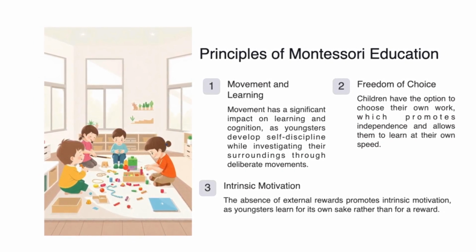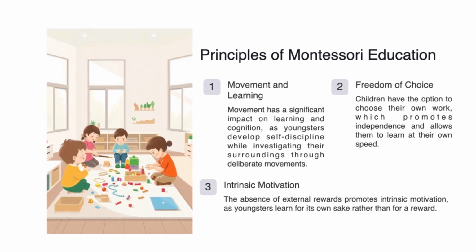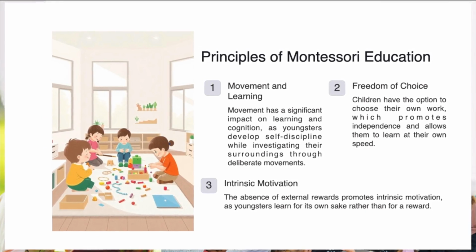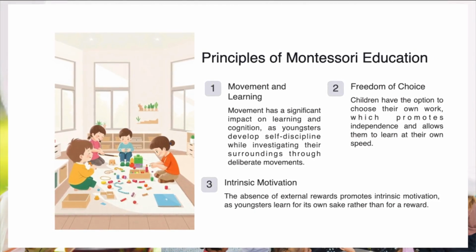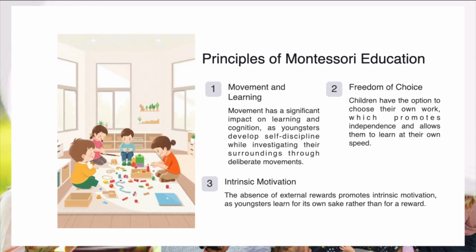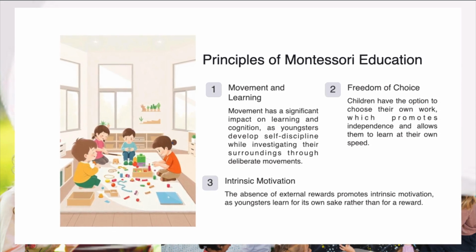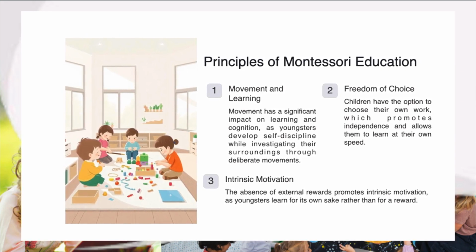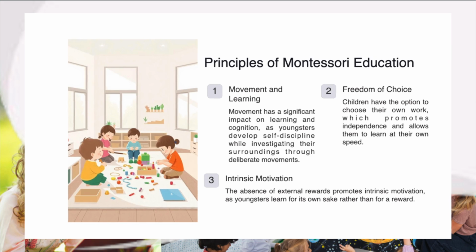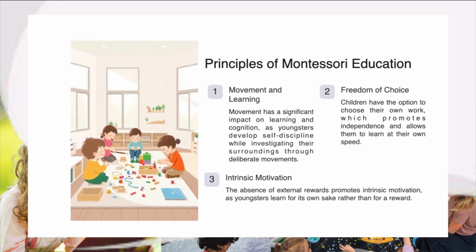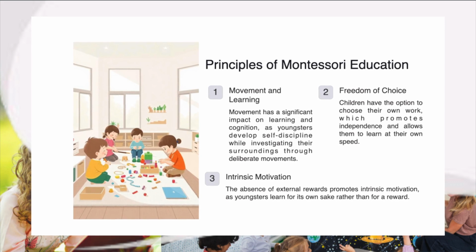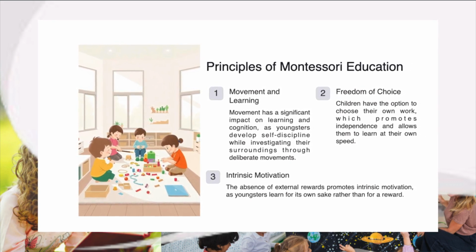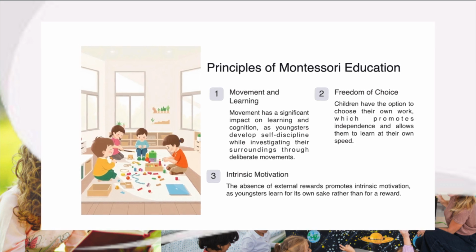Children have the option to choose their own work, which promotes independence and allows them to learn at their own speed. And third is intrinsic motivation. So the Montessori method always helps in the development of intrinsic motivation. Here the motivation comes through insight. The children want to learn something which comes from inside. So the absence of external rewards promotes intrinsic motivation as youngsters learn for its own sake.